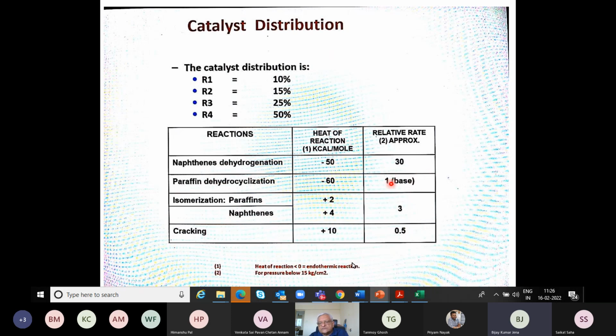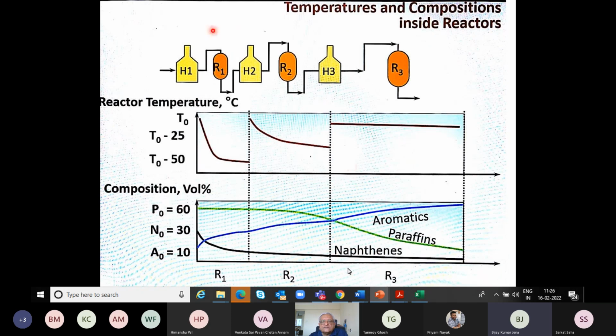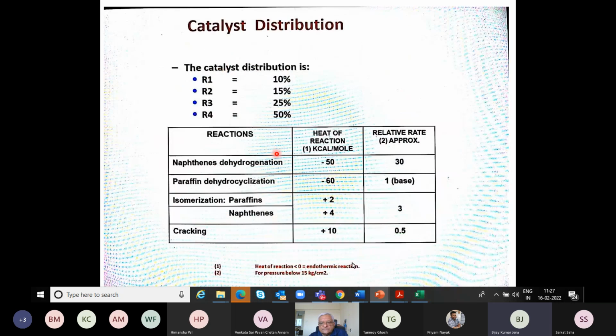Okay, if you take that as a base, then naphthene dehydrogenation is 30 times faster. And since it is 30 times faster, we don't really need a large amount of catalyst in the first reactor, which is doing the dehydrogenation of naphthenes. So that's why in the first reactor, we only put 10% of the total catalyst. Okay.